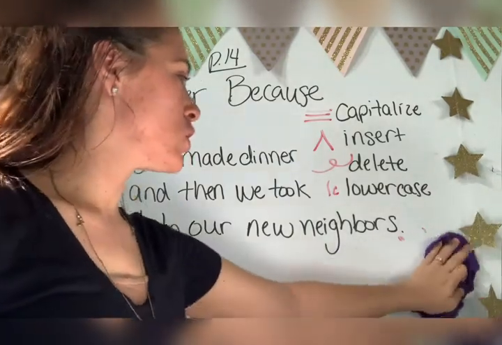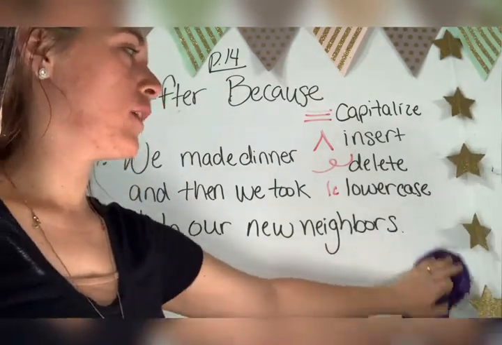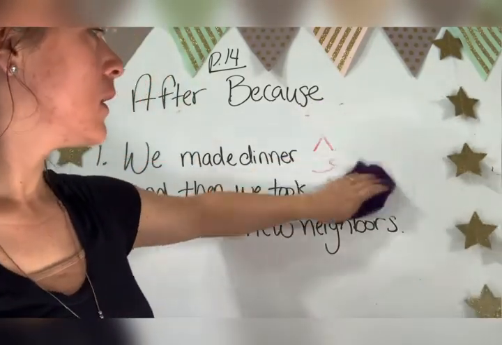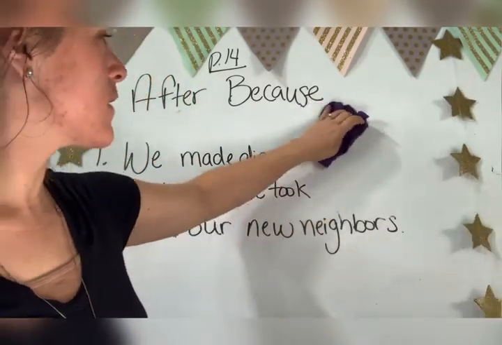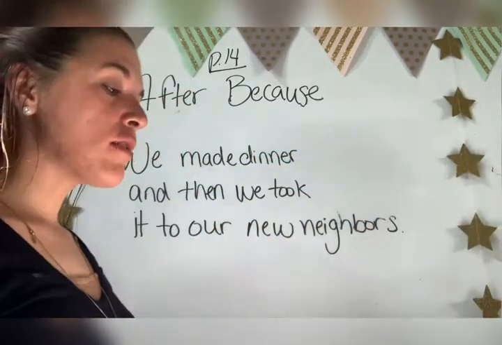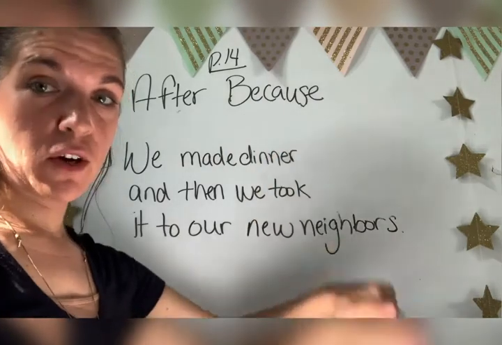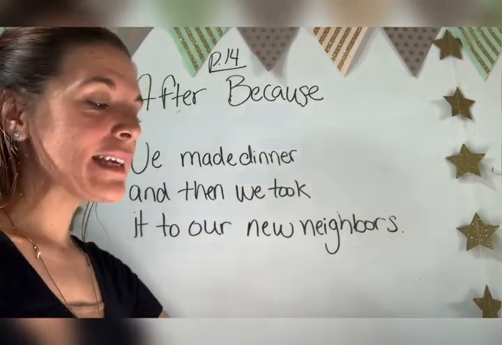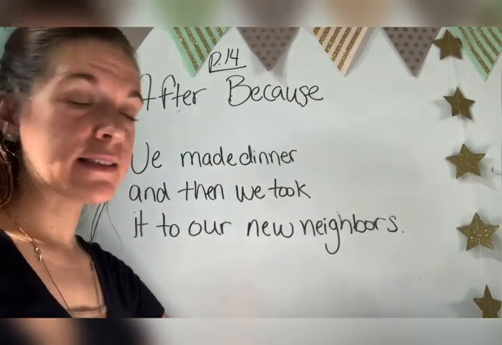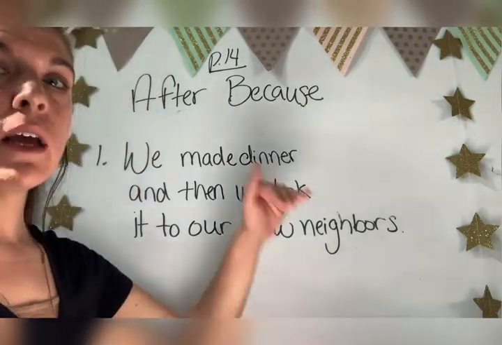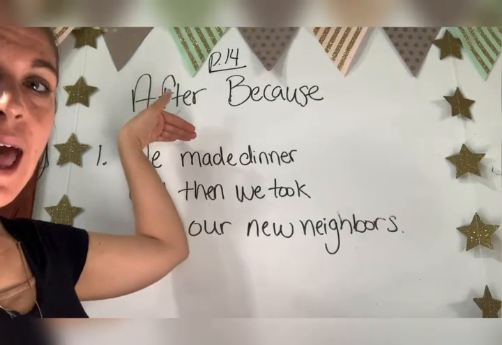Let's do some proofreading, okay? I'm going to take this away so we don't get confused. Okay, let's look at think C. It says, look at the instructions, put your finger on the instructions. Correct each run-together sentence by adding an introductory word. Okay, we're going to be using this introductory word after.